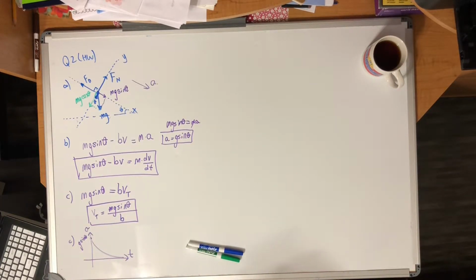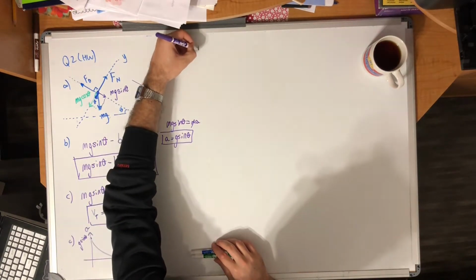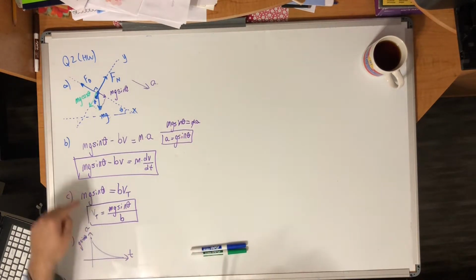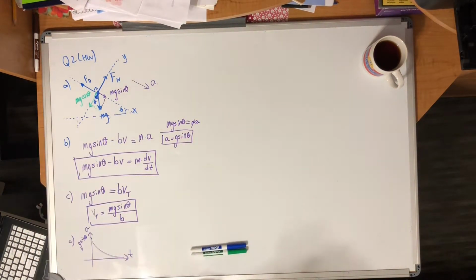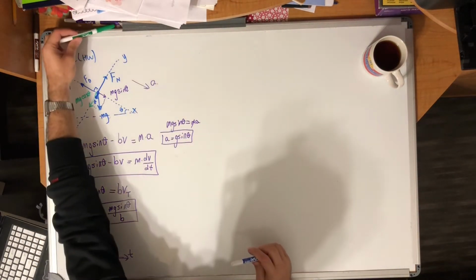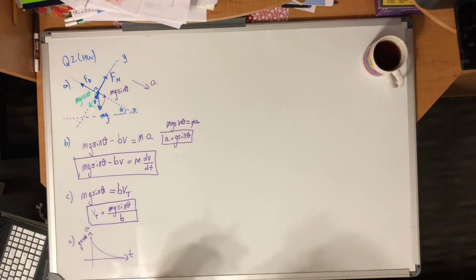Alright, now let's solve for D. So now what we need to do is use this differential equation to find velocity as a function of time. And let's see how we do it. Again, it's going to be the exact same steps.